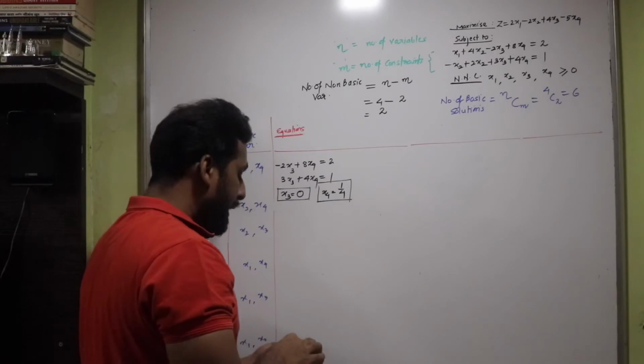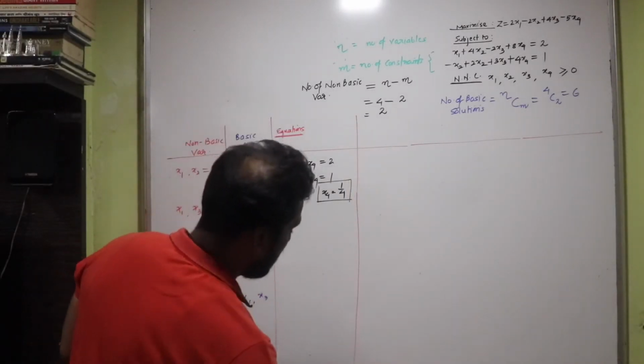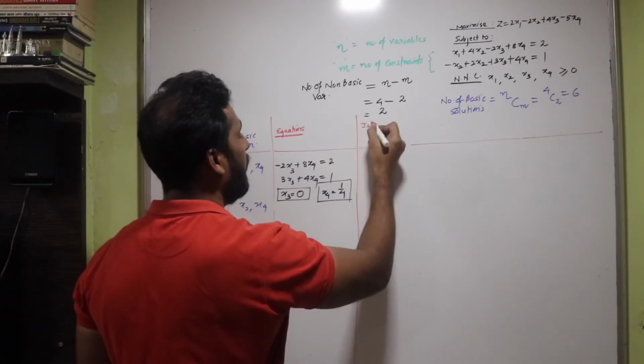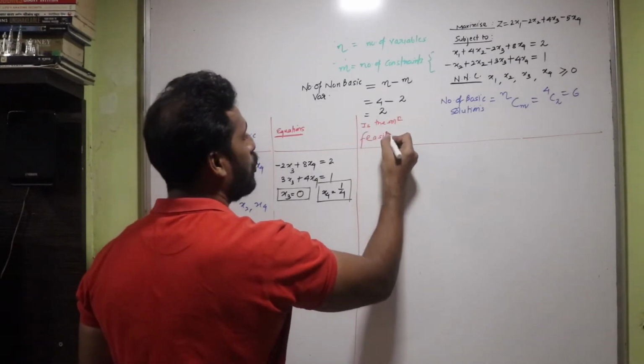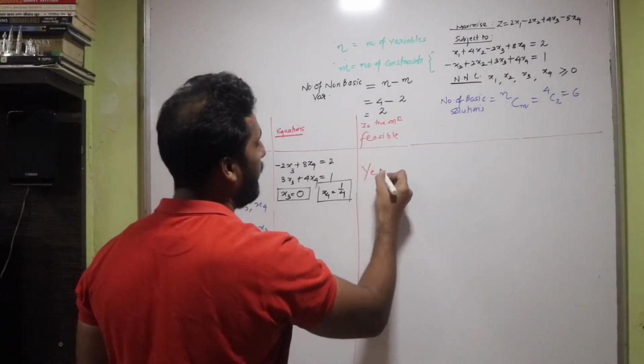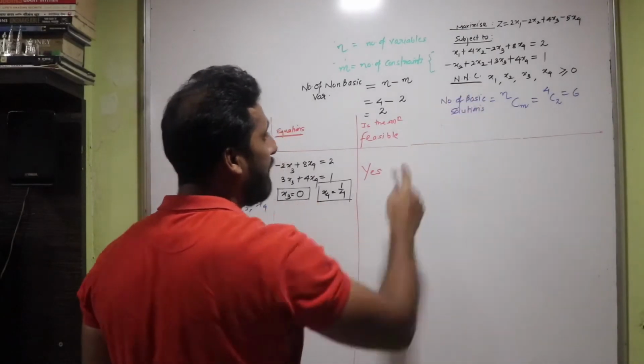Is the solution feasible? The answer is yes. So I'm going to write here, is the solution feasible? My answer is yes, it is a feasible solution because they are satisfying the non-negativity constraints.